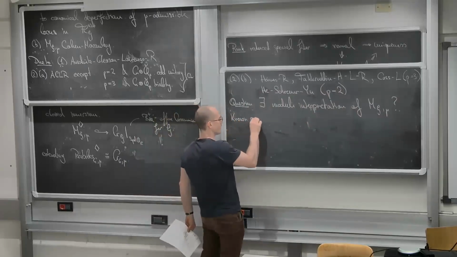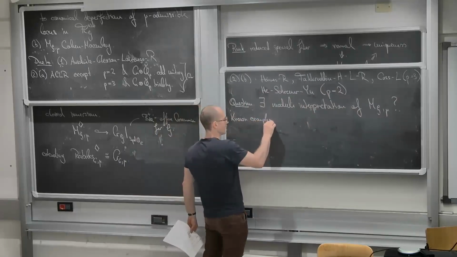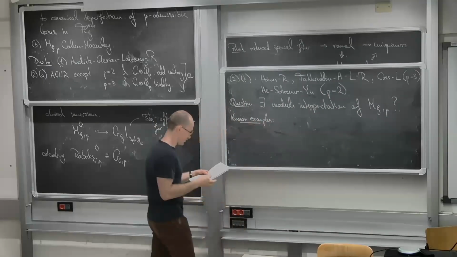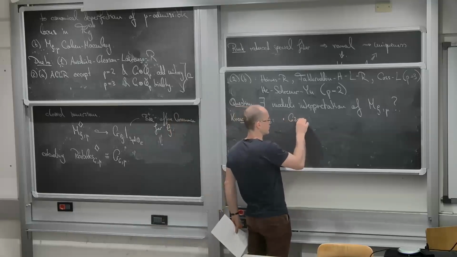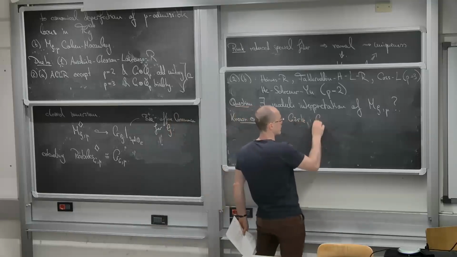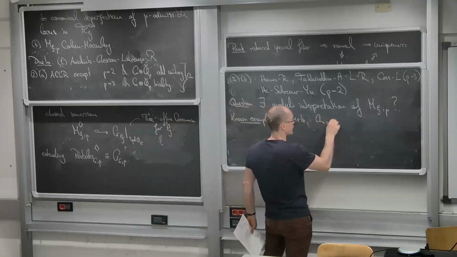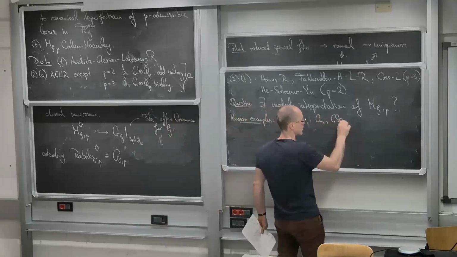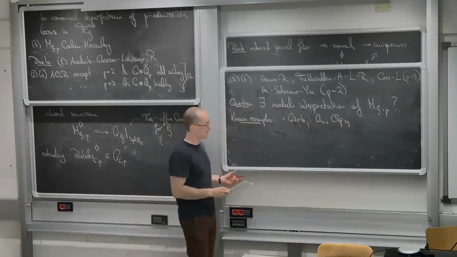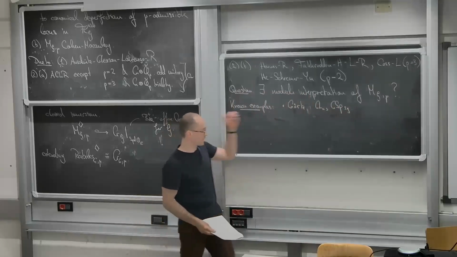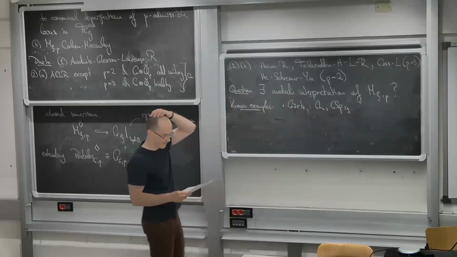And what are the known examples? So known examples. There's, starting from the PhD work of Ulrich Goertz, cases of GLn and the symplectic group, and actually some more cases related to restriction of scalars of such groups.